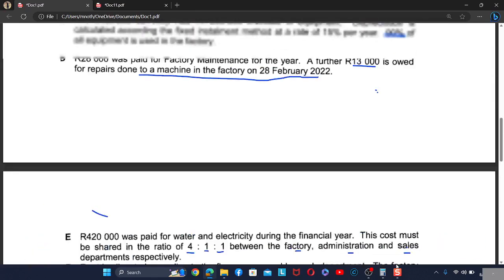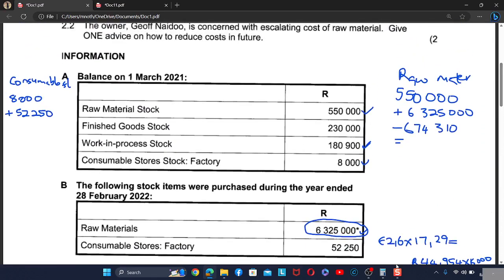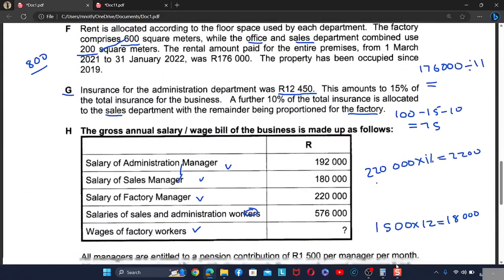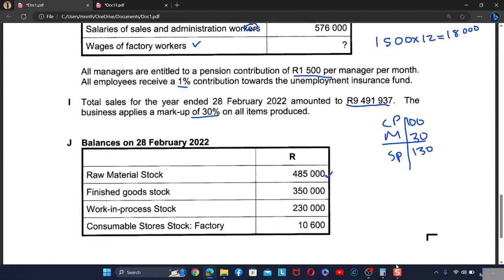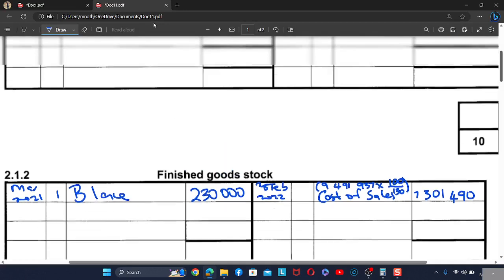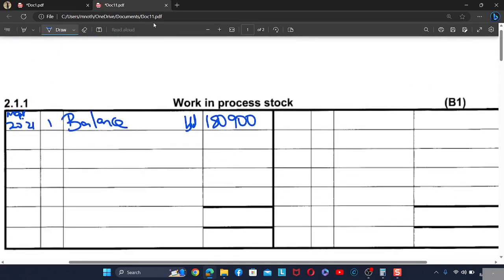Because if you look here, adding this plus this, then minus this, we had a lot of raw material. So this means that some of the raw material was sent to the factory, right? When the raw material is sent to the factory, the raw material decreases, but the work in process increases. So let's come and increase the work in process, 28 February 2022.